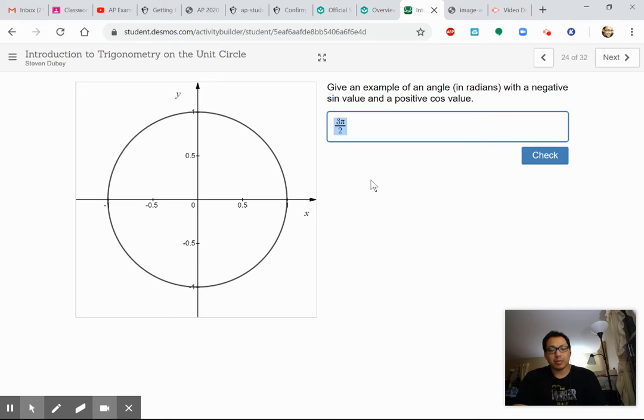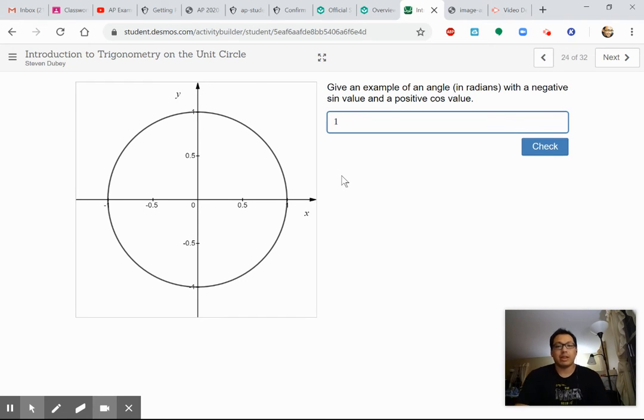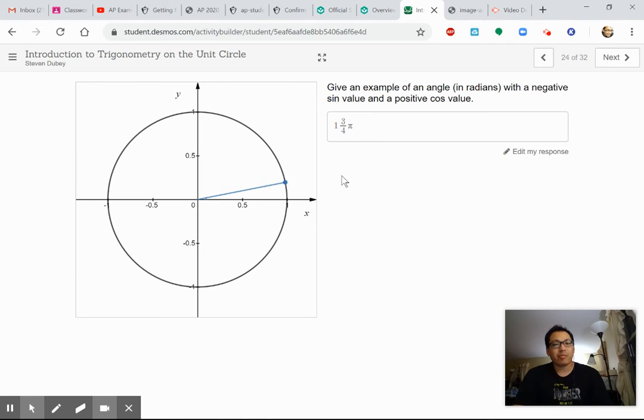Could say maybe 1 3/4 pi, right? So 1 pi would be here, and then 3/4 pi would be this angle right here, 3/4 of the way to here. So how could you write that? I kind of want the 1 there, 1 3/4 pi.